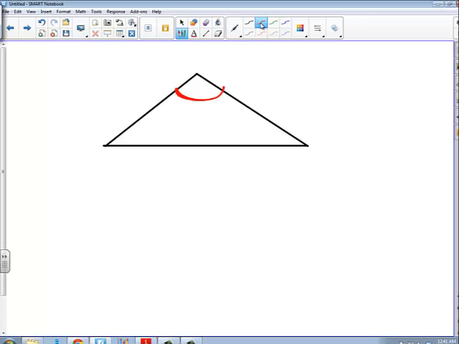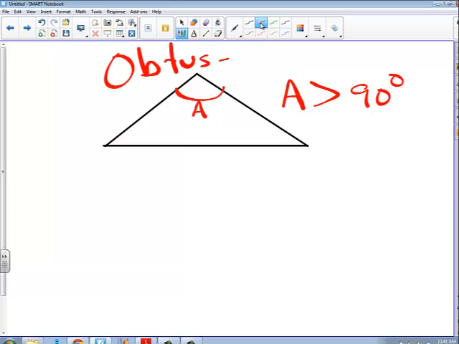Let's call that A for angle. Okay, the angle has to be greater than 90 degrees. Can't be the same as 90 degrees. It has to be greater than 90 degrees. So 90.5, 91, 93, 106 has to be greater than 90 degrees. And that is for obtuse. And it only has to have one angle that is greater than 90.